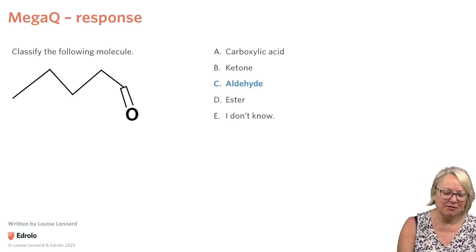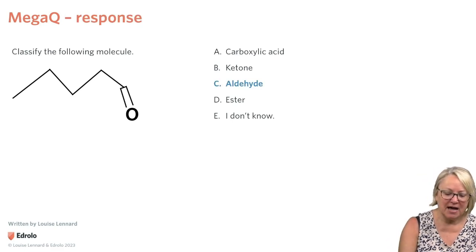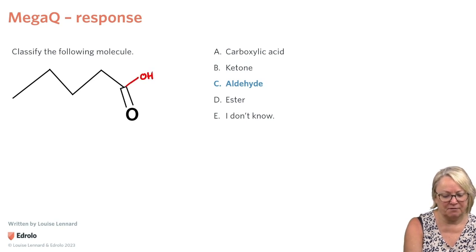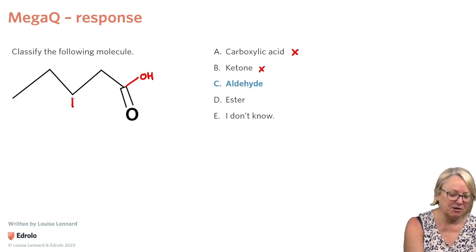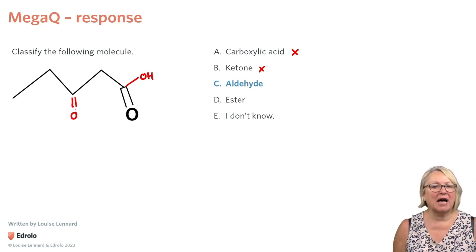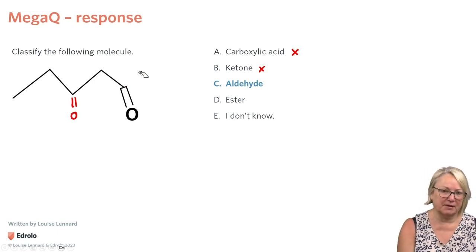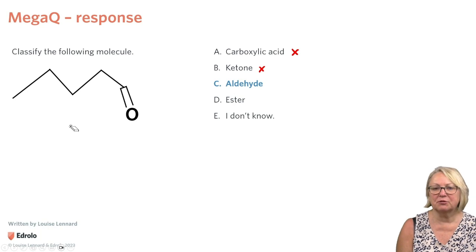Okay, this is an aldehyde. It's not a carboxylic acid. We would expect a carboxylic acid to have OH coming off the same carbon. It's not a ketone because we would expect the ketone to have a carbonyl group somewhere on an internal or non-terminal carbon.